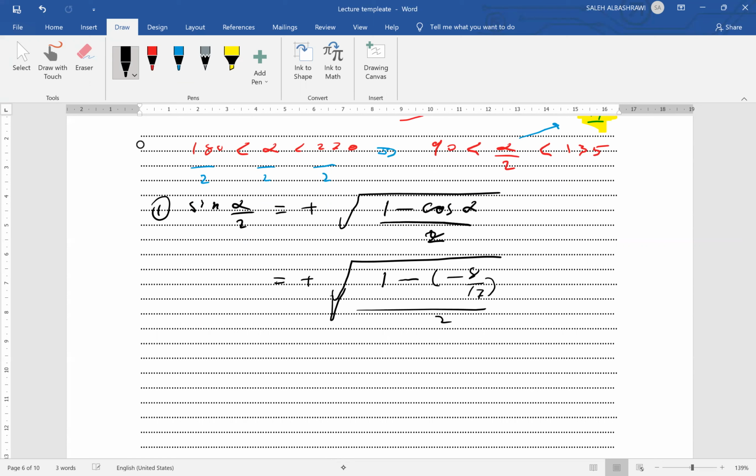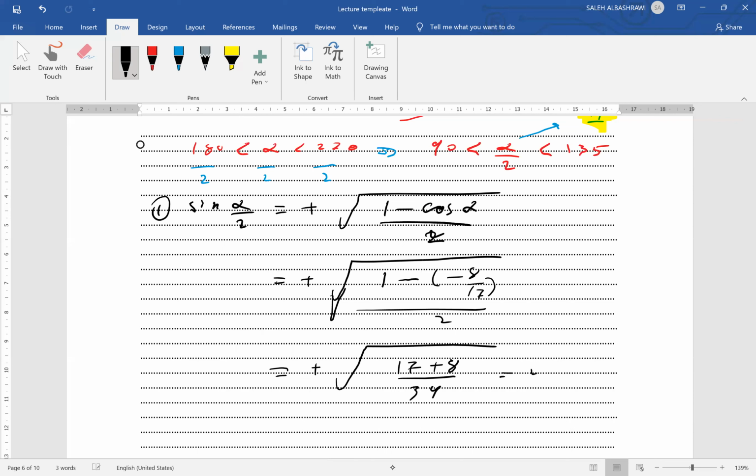And that's the square root. So this is equal to plus. Minus with minus will be plus. I will have 17 plus 8 over 34. This can be simplified in this way.